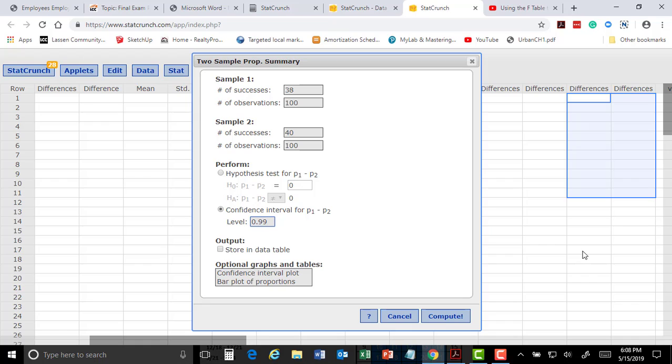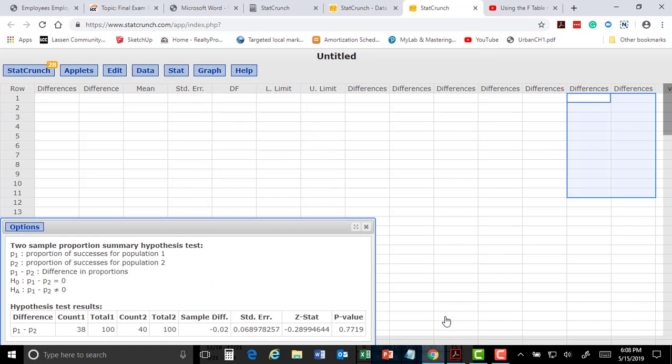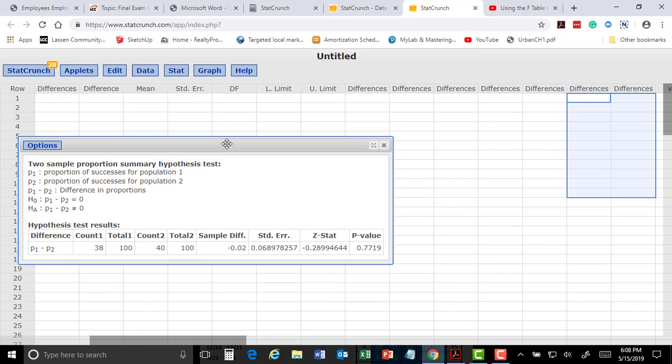Okay, but I'm going to select up here, right? Look at the null. It says there's no difference. That's equal to 0. That's the same as saying P1 equals P2. Okay, let's try that. All right, now we get our famous p-value. Okay, and it's there. It's letter D.